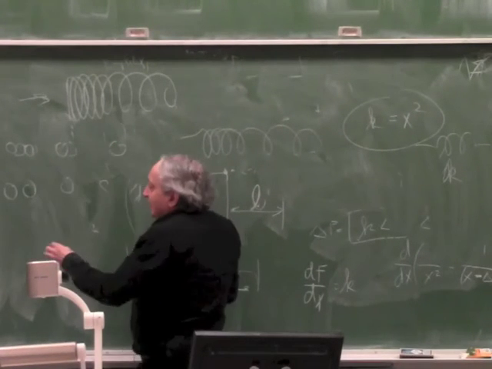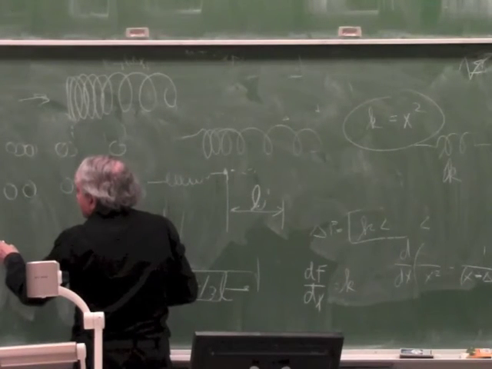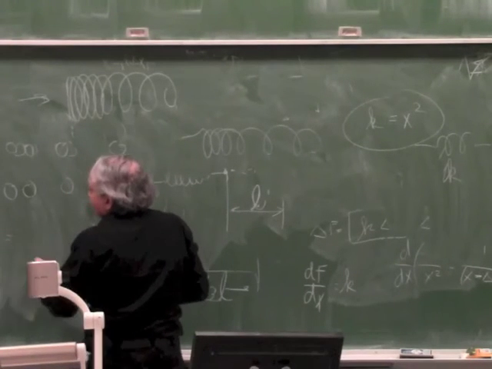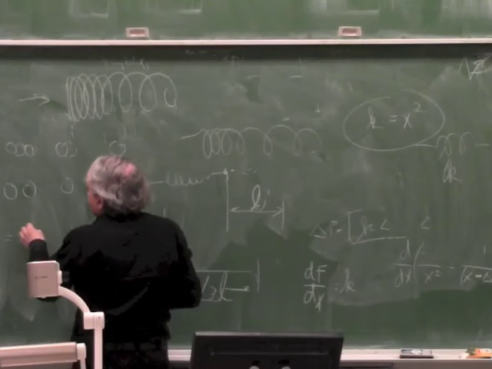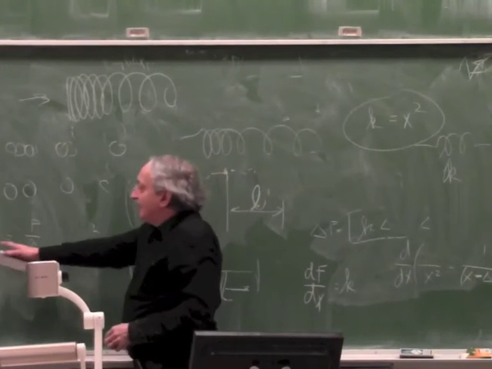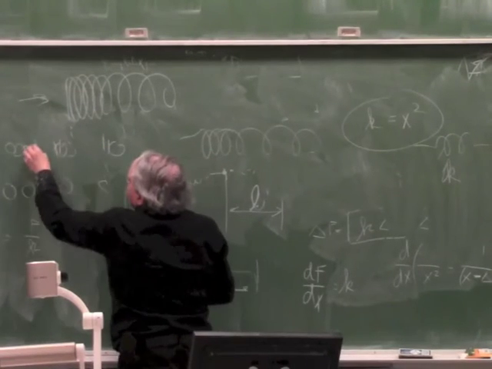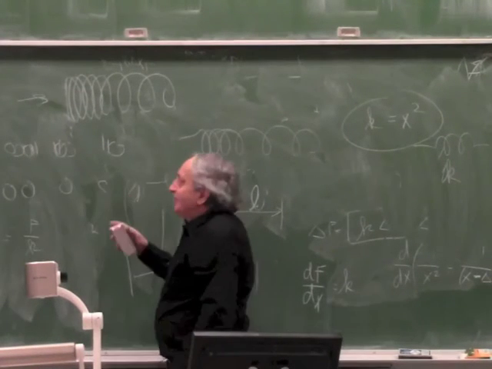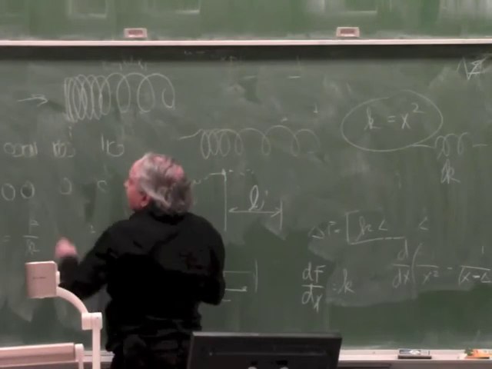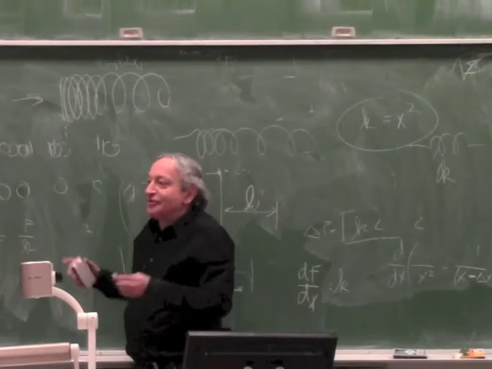Because remember, the total x is the force divided by k, and the total x is made up of little delta x's. Each turn gives a little delta x. If you have fewer turns, you need a bigger force for the same deflection.